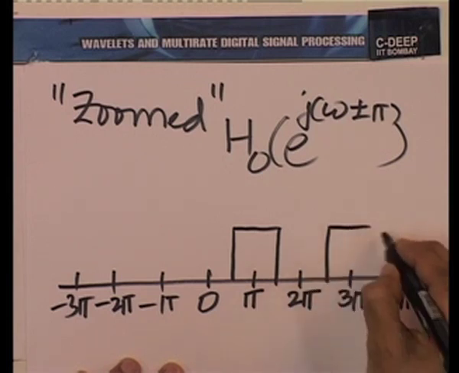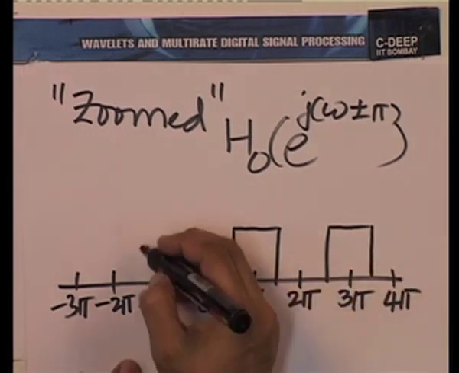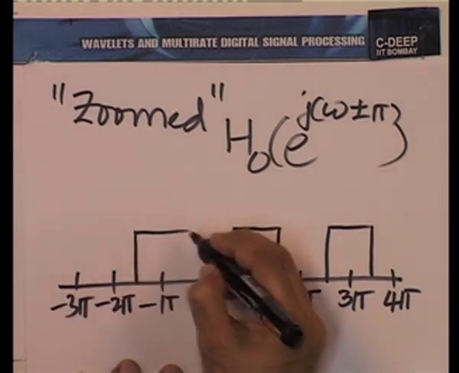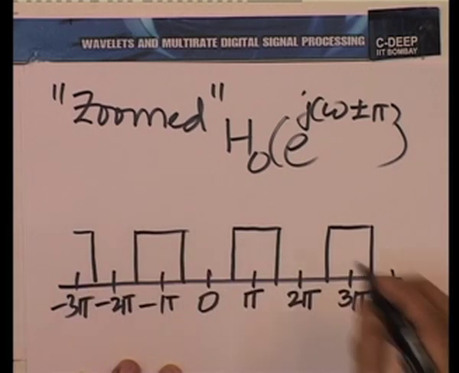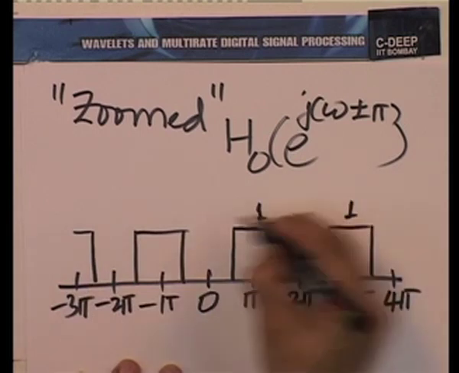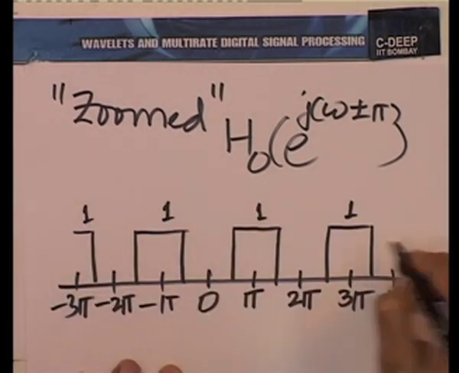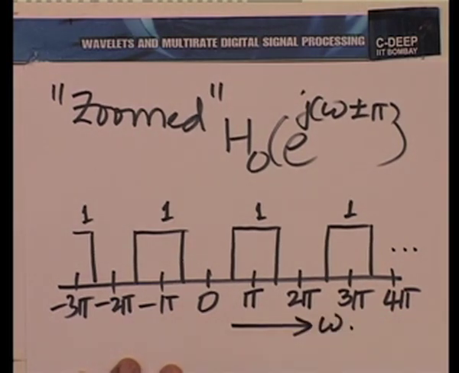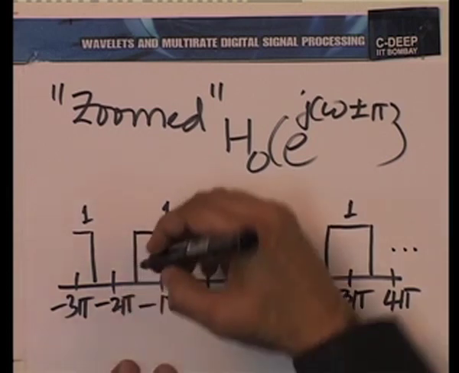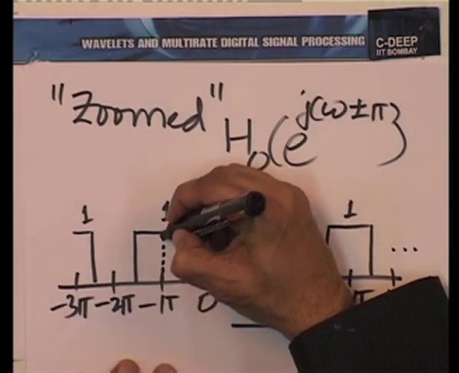These pass bands, so to speak, are now going to lie at the odd multiples of pi, and you can continue that drawing. Now, once again we confine to the principal interval. So, the principal interval is here.